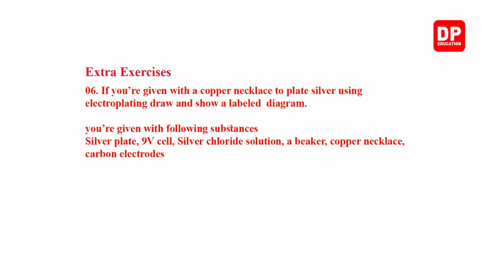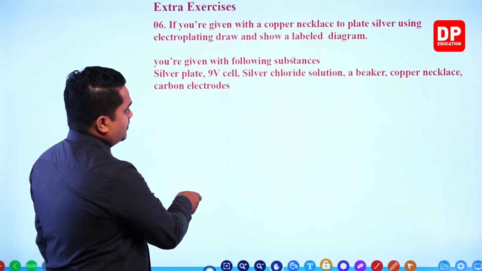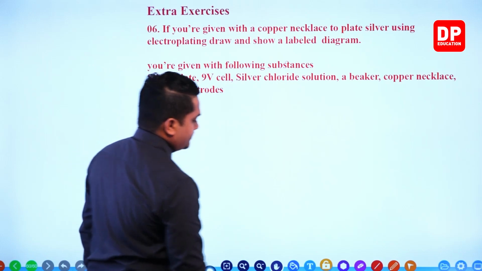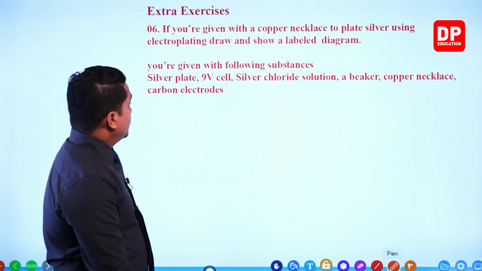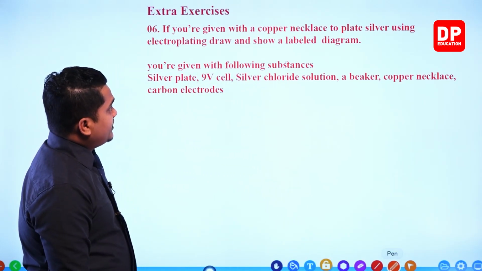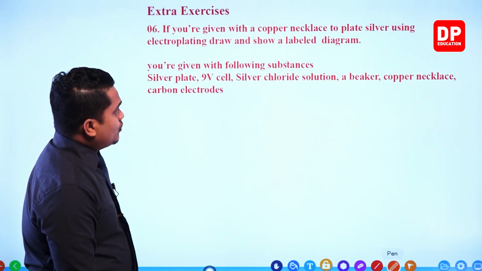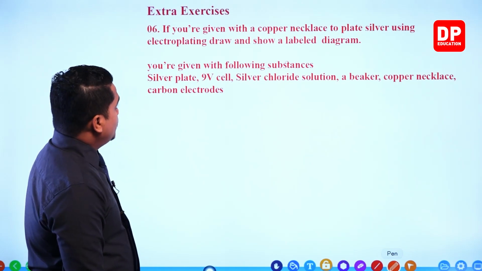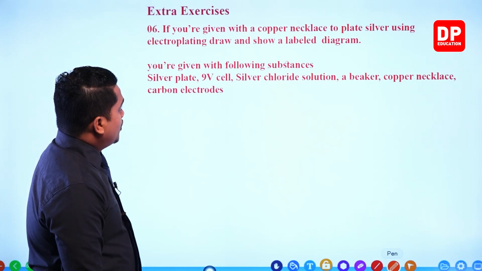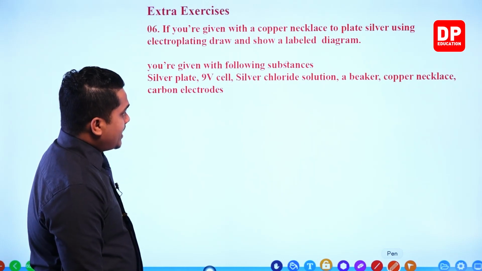Right then. Okay, the sixth question. Let's see what the sixth question is. If you are given a copper necklace to plate silver using electroplating, draw and show a labeled diagram.